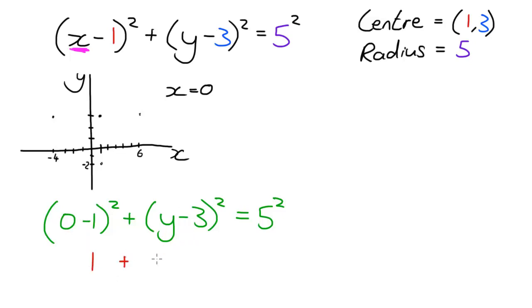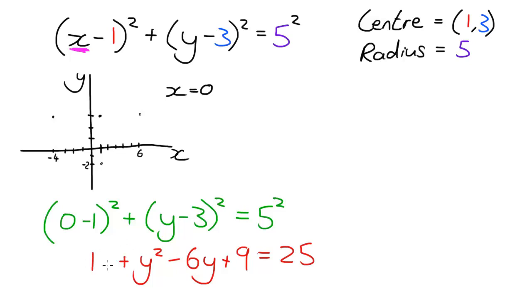Then we're going to have y squared minus 6y, and then minus 3 times minus 3, which is going to be plus 9. And that is going to be equal to 25. So let's solve that.